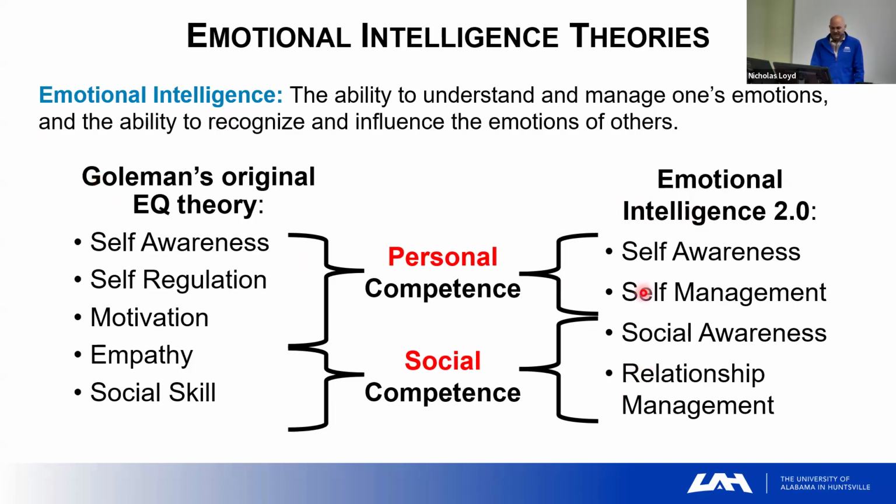And then Goleman's also kind of adopted this over the years. 2 of which fall under developing the personal competence aspect of emotional intelligence, self-awareness and self-management. And then 2 of which develop the social competence of emotional intelligence, which is social awareness and relationship management.